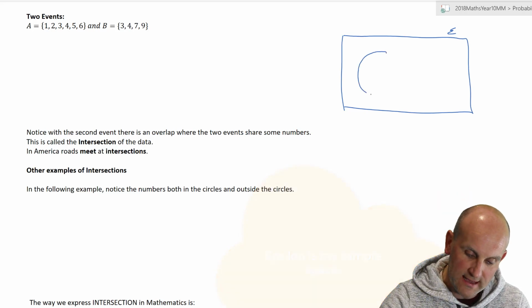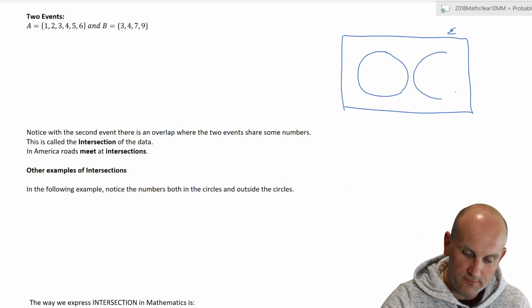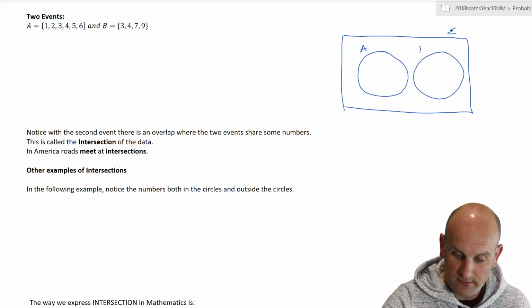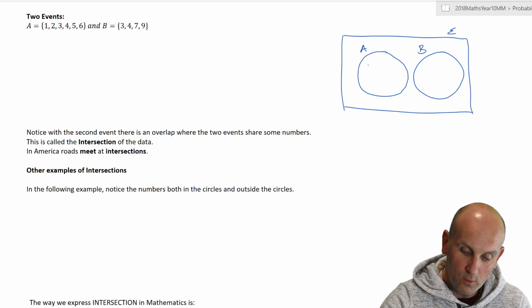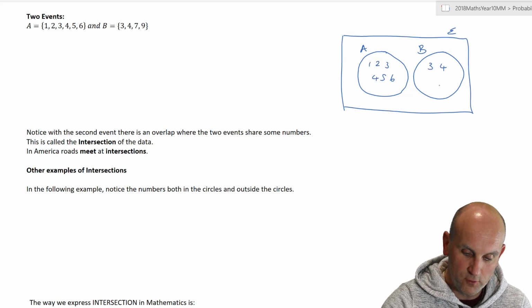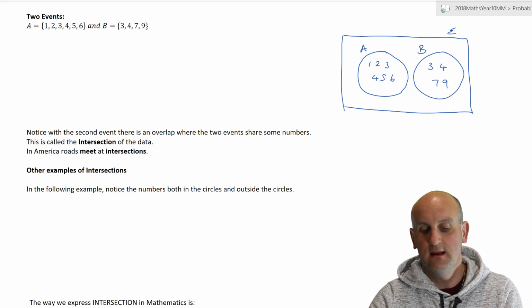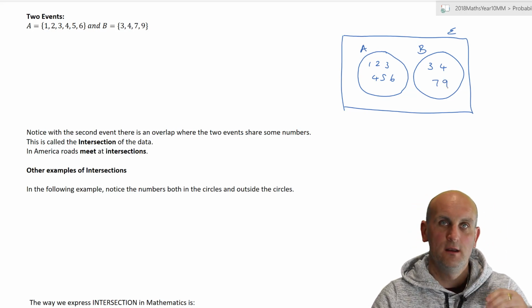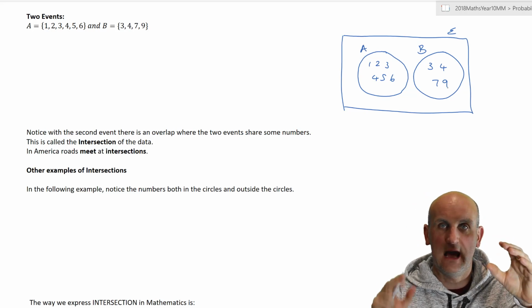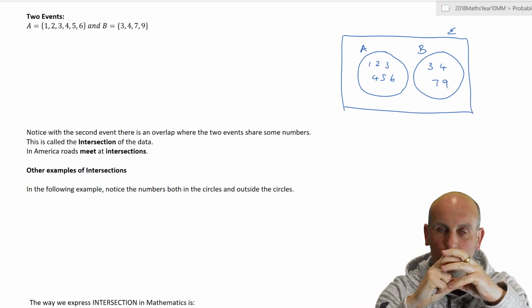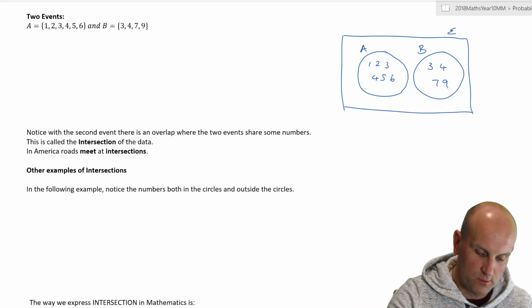So here is my A, and here is my B. Now if I draw them separately, and remember I'm telling you that I'm drawing this wrong, 1, 2, 3, 4, 5, and 6, and then I've got 3, 4, 7, and 9. Now actually, when there are numbers shared between A and B, we have to draw the circles overlapped, and I'll show you why.